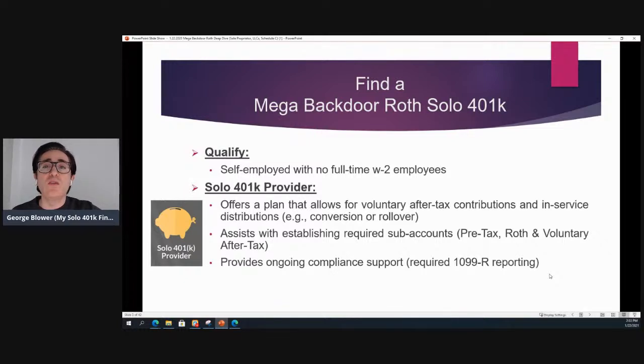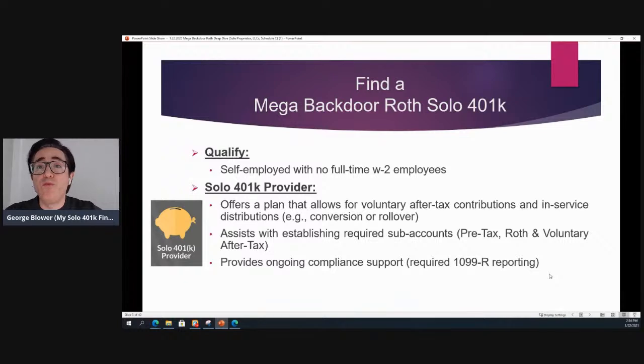That means that the plan allows for voluntary after-tax contributions and in-service distributions or conversions or rollovers, because as you'll see as we go through the slides, you will end up with multiple sub-accounts. So you have to make after-tax contributions to one sub-account and then you move it over to the Roth account. So the plan has to allow for those contributions and then has to allow for the move.